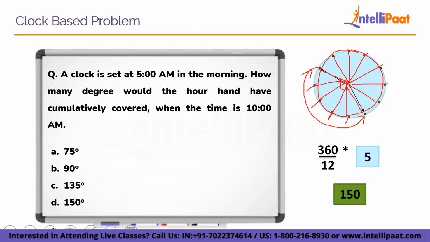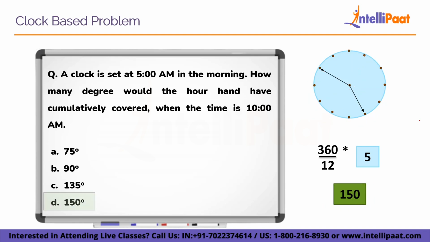So just multiply by 5 there and you will get the answer as 150. Right? So in that case, our answer will be 150 degrees for this question. I hope you get an idea of how we approached this question and got the answer.